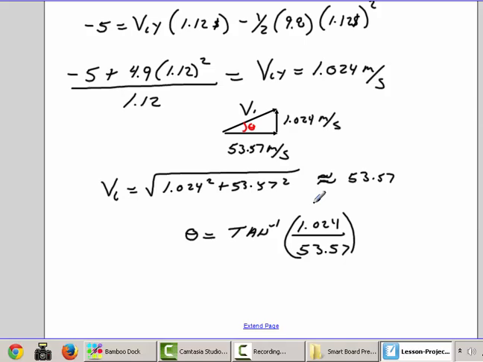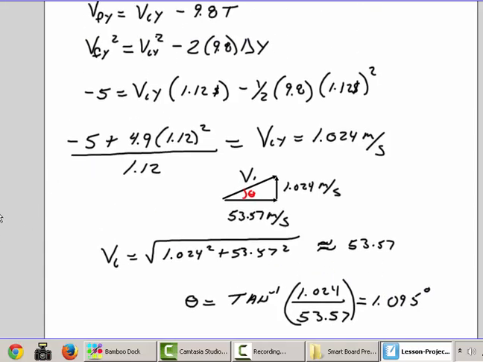All right, see what we get here. We take 1.024 divided by 53.57, second tan, second answer. That gives me a very, very small angle of 1.095 degrees.